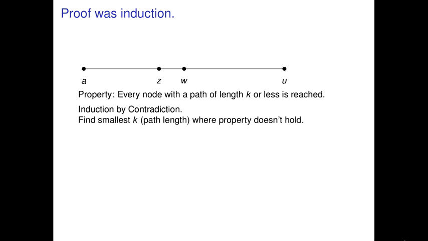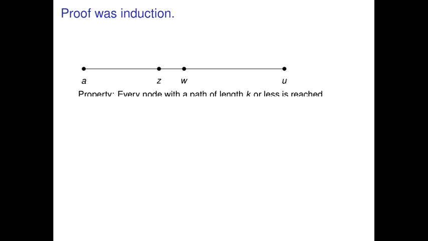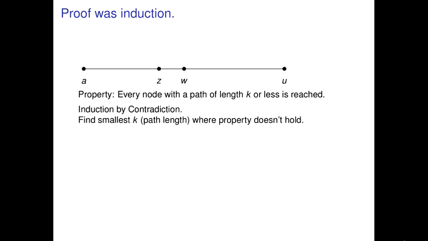Or A to W. It's k. So now we're saying that for this path of length k from A to W, we didn't actually explore W. For any path less than k, we did explore it. So this is the smallest example where the property doesn't hold.